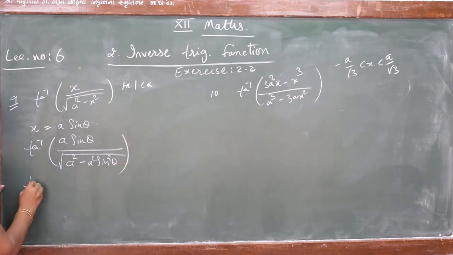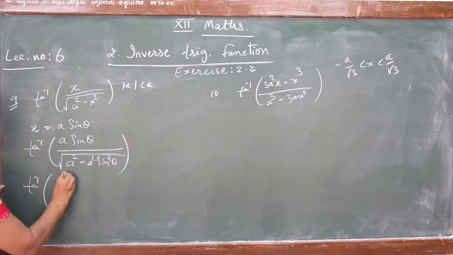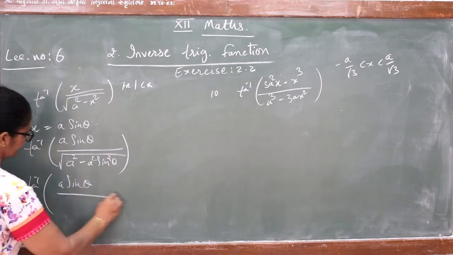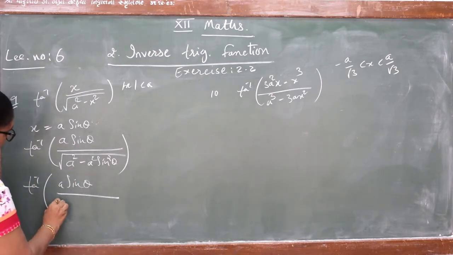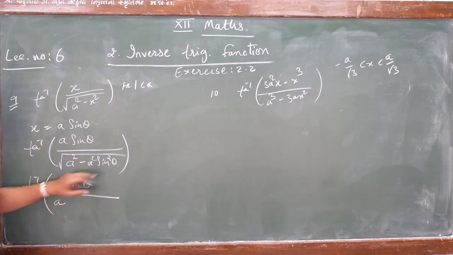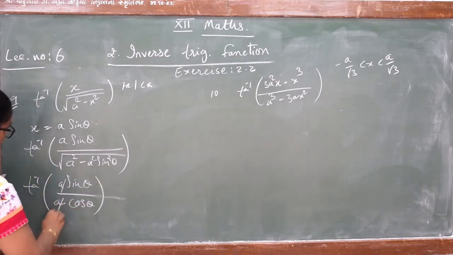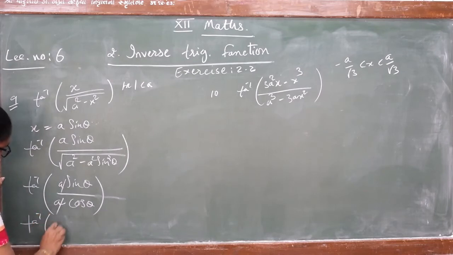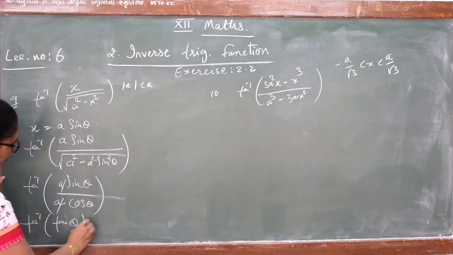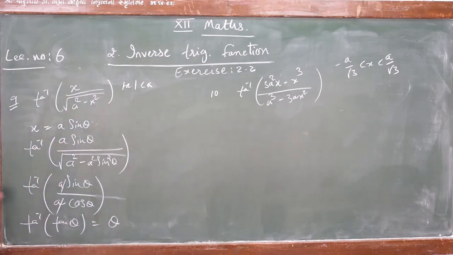Now a square is taken common, so out of the root will be a, 1 minus sin square is cos square, and removed from the root it means cos. A cancels, tan inverse tan theta, since sin upon cos means tan, so it is theta only.